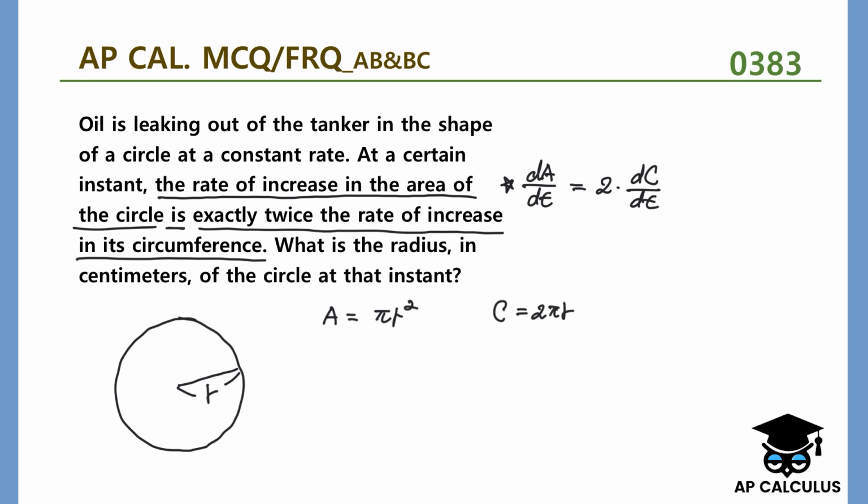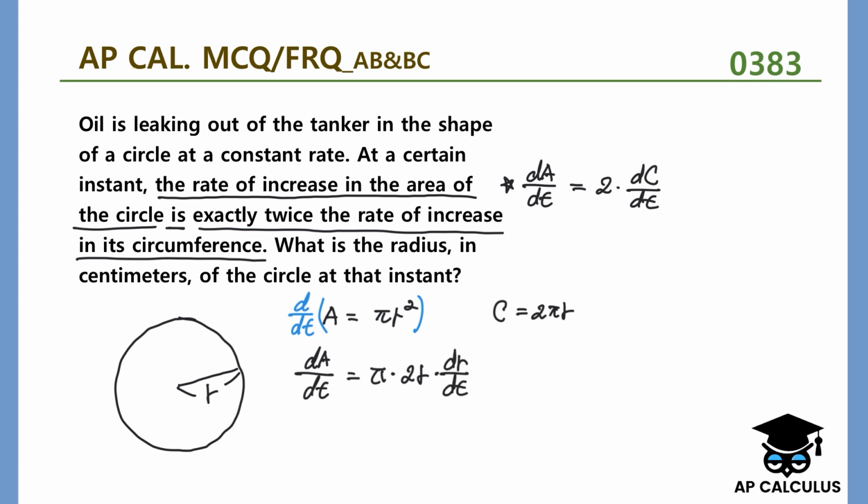So let's differentiate each of these equations with respect to time t. So dA over dt is equal to, pi is constant, so leave pi alone, pi times power of 2 times r times the derivative of r, dr dt.